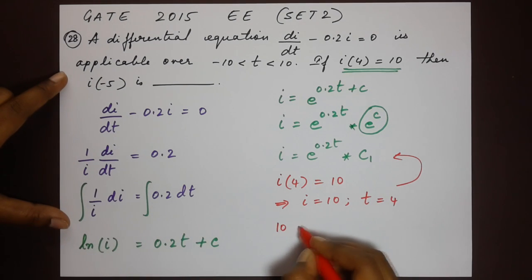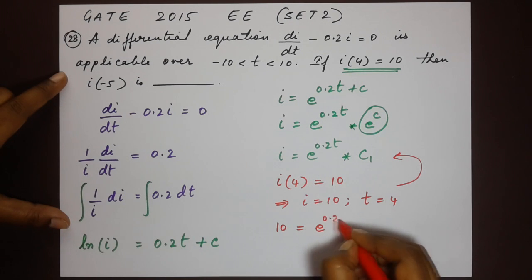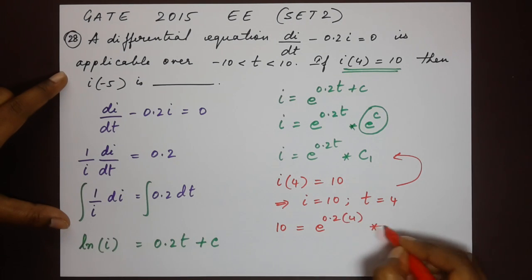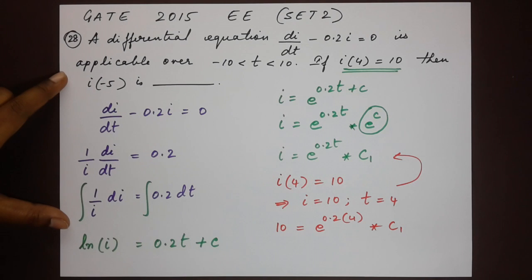That would give us 10 is equal to e to the power 0.2 into 4 into c1. Now we can find c1 by solving this. So c1 should give us 10 into e to the power minus 0.8. So this is 10 divided by e to the power 0.8, which can be written as 10 e to the power negative 0.8.